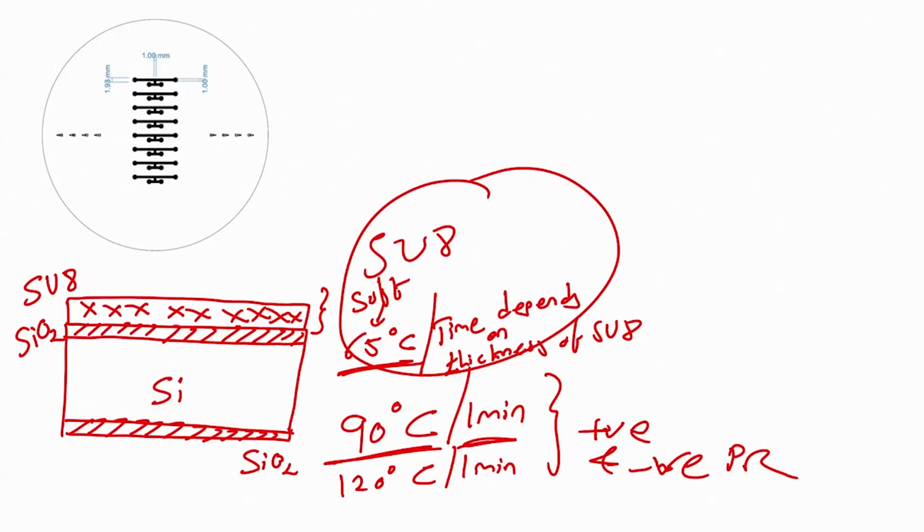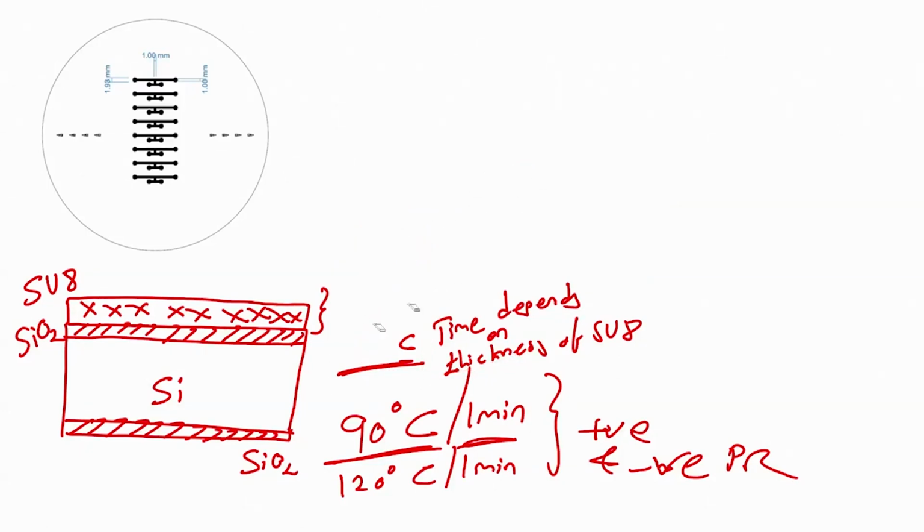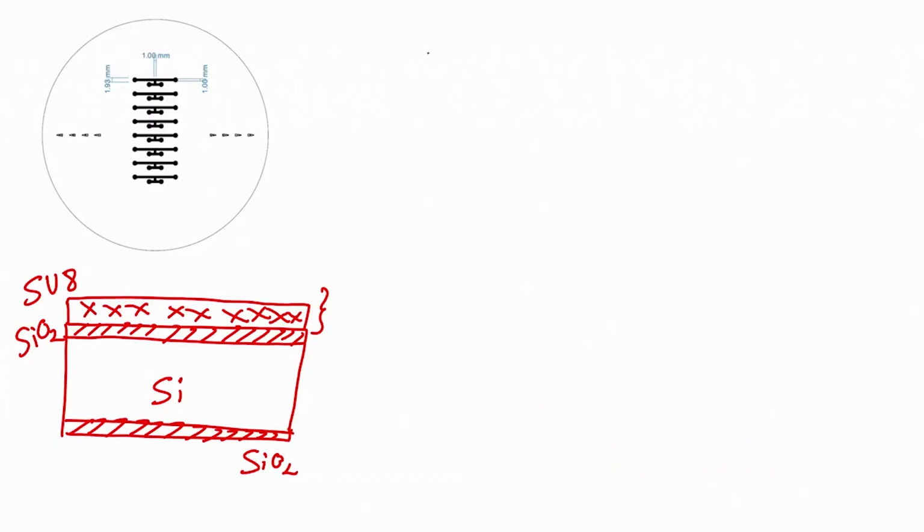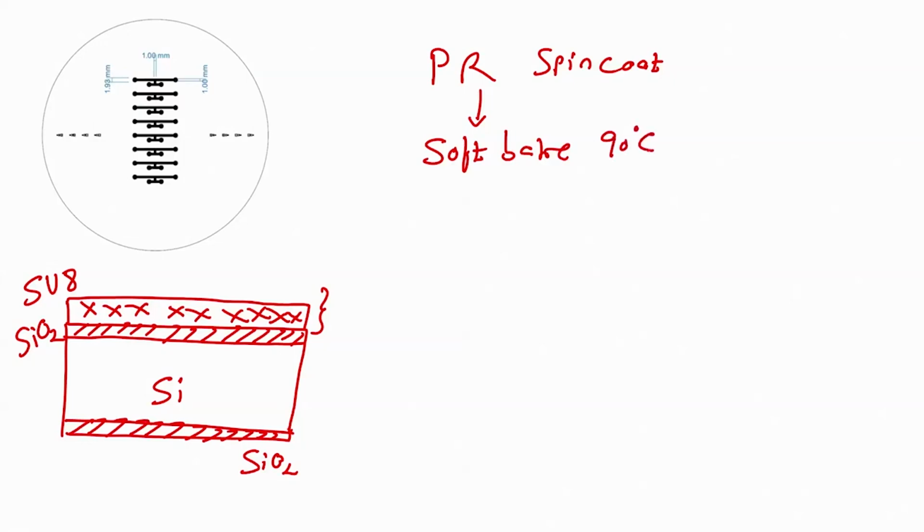Second most important point while using SU8 is that in our standard photolithography process, the steps are like this: spin coat photoresist, next step would be soft bake, 1 minute, next step would be mask align and UV exposure, right.